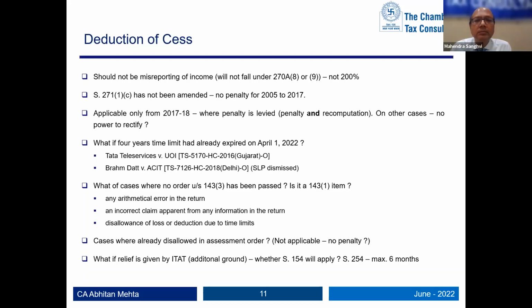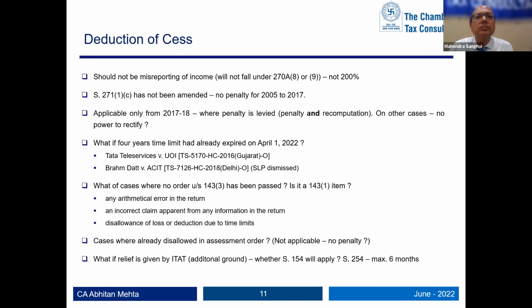ITAT only has 254. 254, the time is from the date of order. I could say that rectification of mistake apparent on record is even for a retrospective change in law. The reason being, it is deemed that the law was present on that date and you have ruled something which is against the law present on that date. So you can rectify.